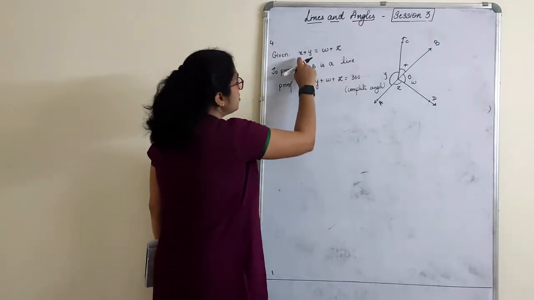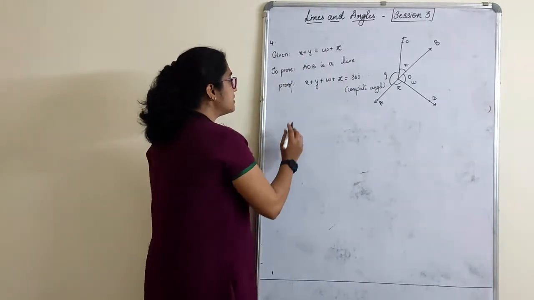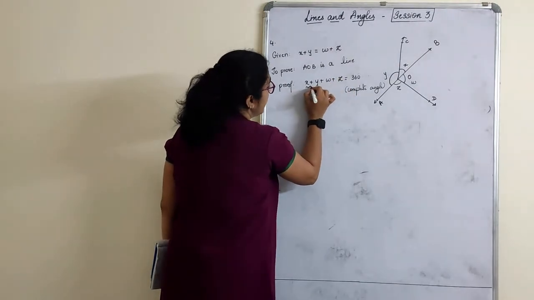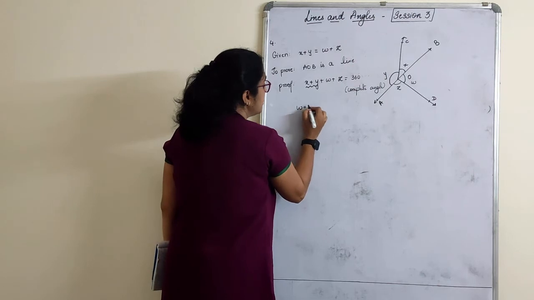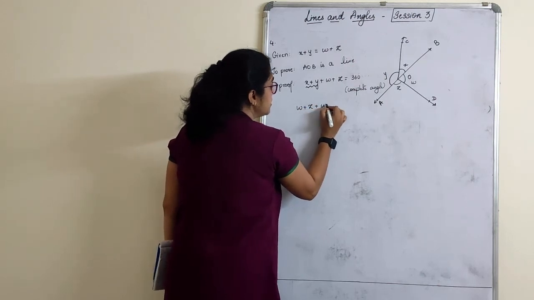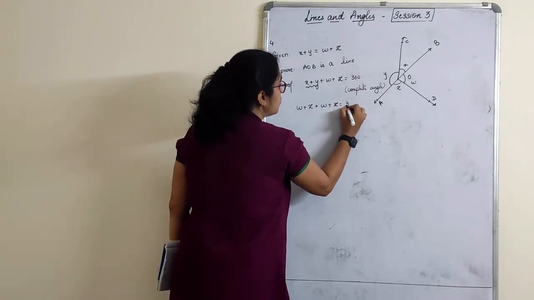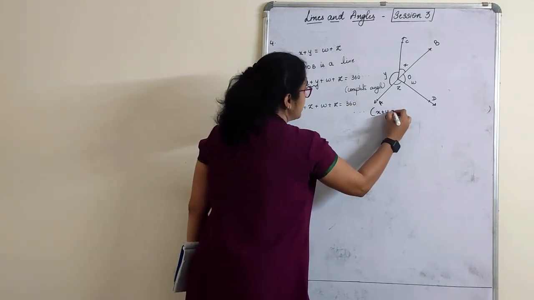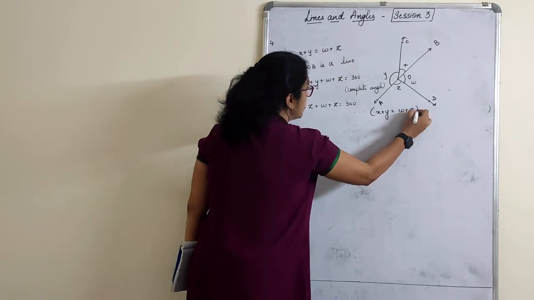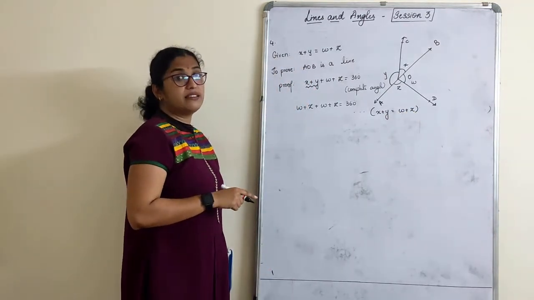Okay. Now we know that X plus Y is equal to W plus Z. Substitute whichever you want. I will use X plus Y. Instead of X plus Y, I will write here W plus Z plus W plus Z is equal to 360. Reason? X plus Y is equal to W plus Z. Yes, even this you have to write in the reason. Why?